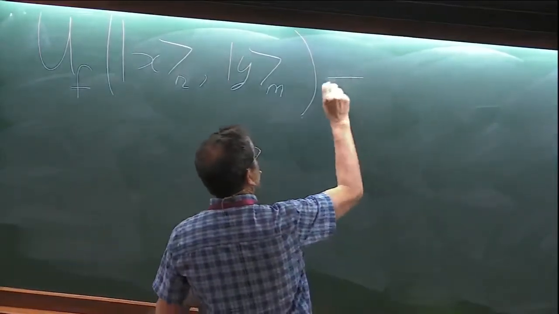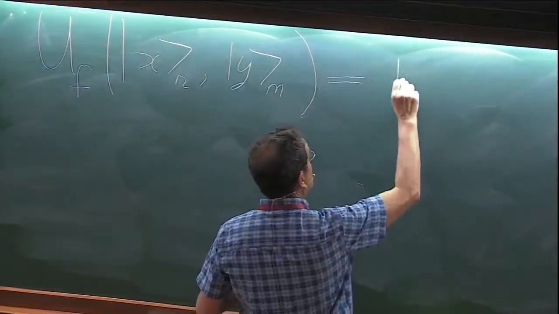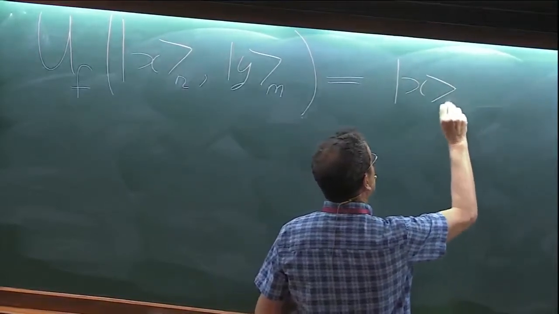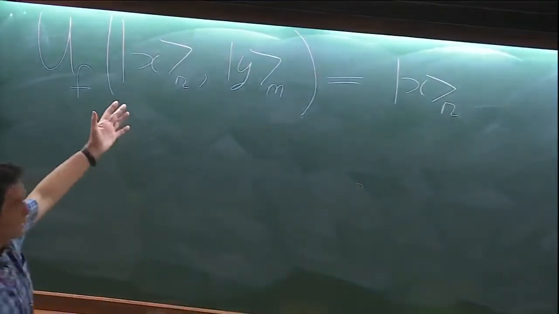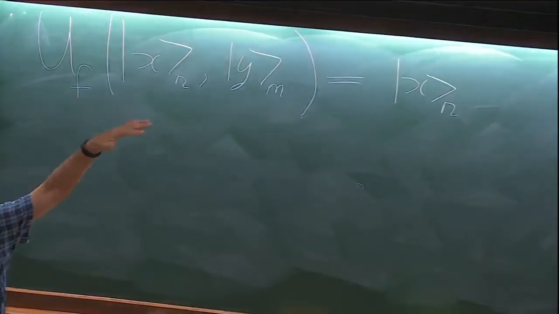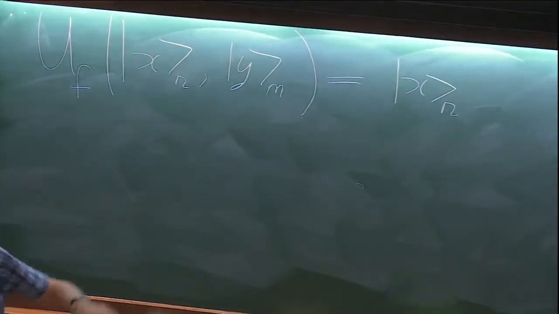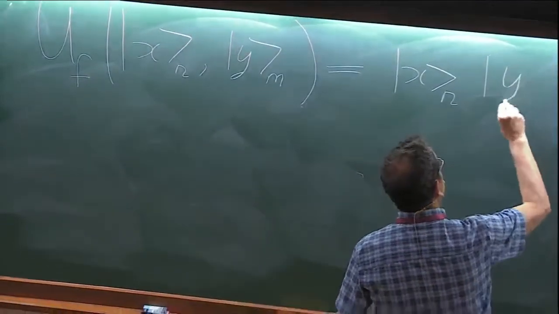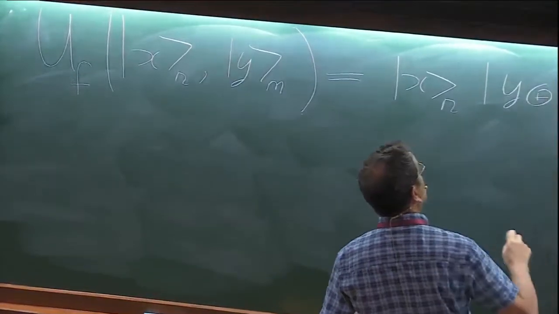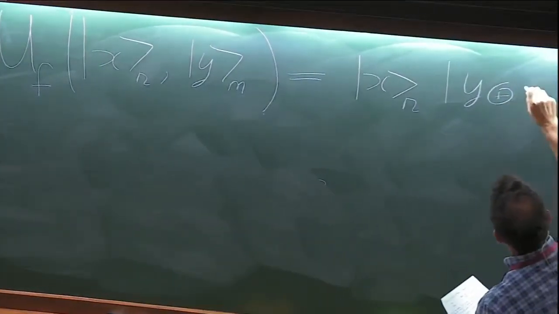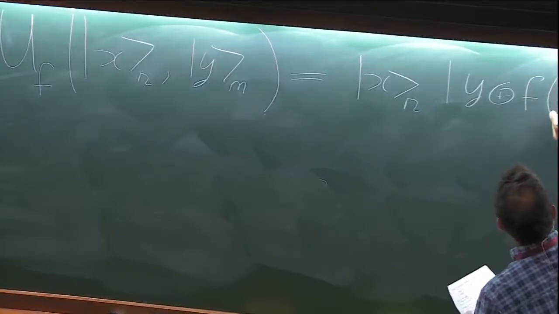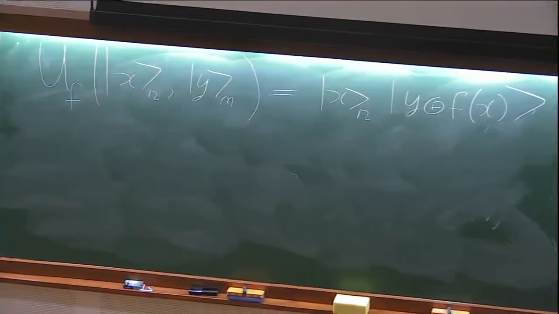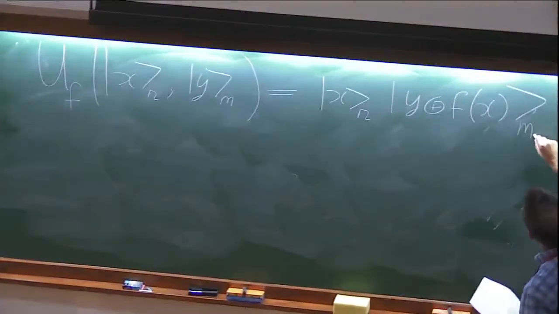And what that will give us, following along with what we've been doing with CNOT gates, is a generalization: x, which is the input, will stay the same, preserved at the final state. And the output register will contain the bitwise modulo 2 addition, or if you want, exclusive OR of y and the value of the function. And this will have m qubits.